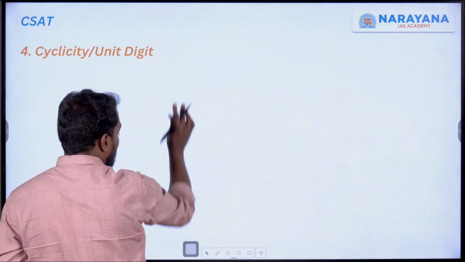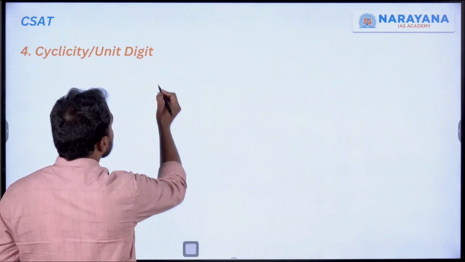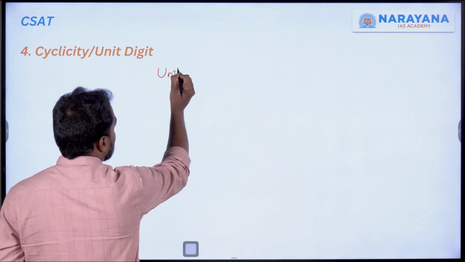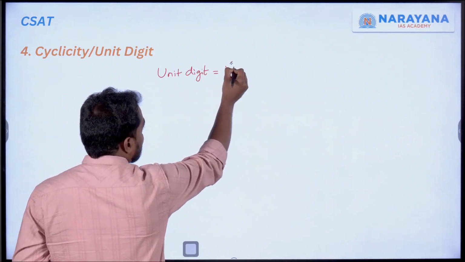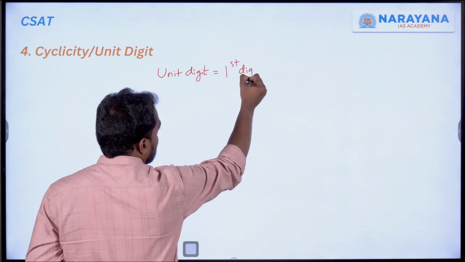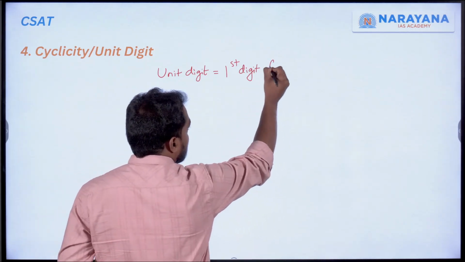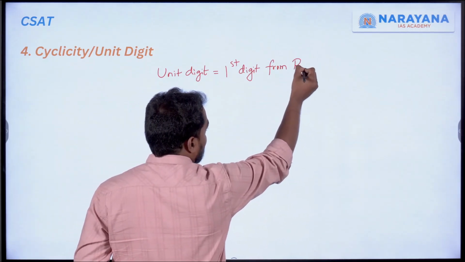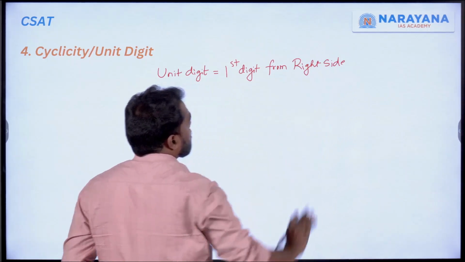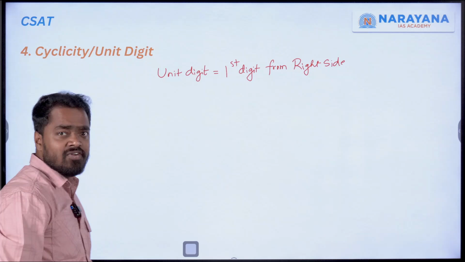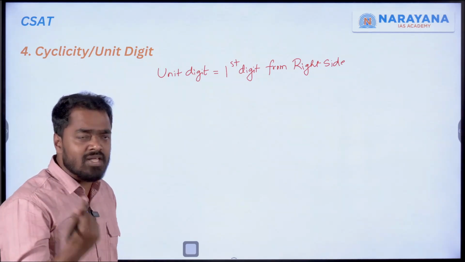So what is unit digit? We all know what is unit digit. It is the first digit of a number from the right side.